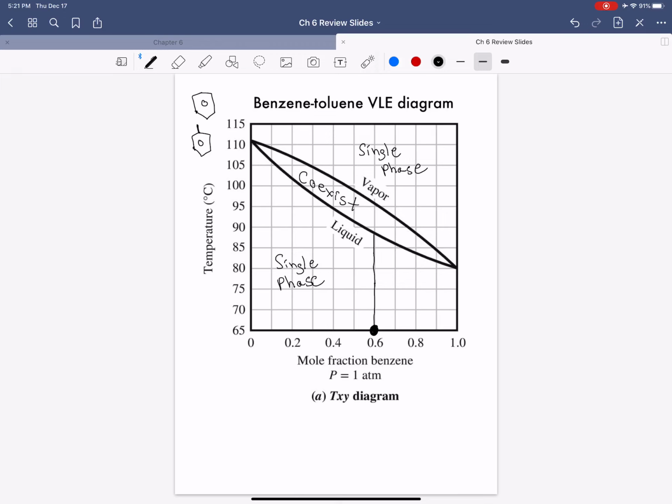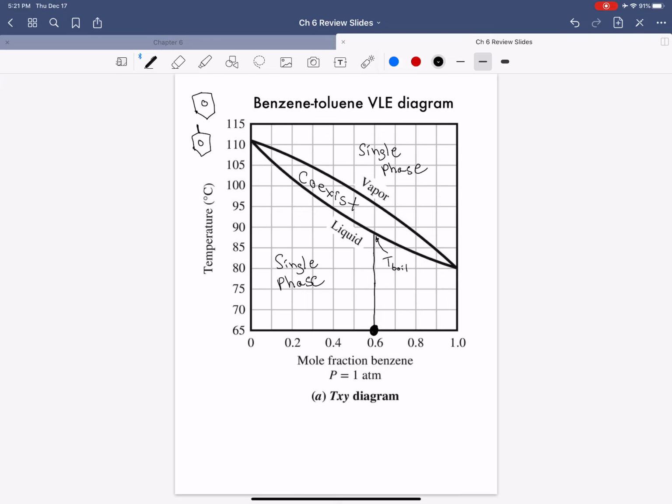And so some of the liquid starts to become a vapor. But we have to remember that between the two chemical species in our system, the benzene is much more likely to evaporate than the toluene.